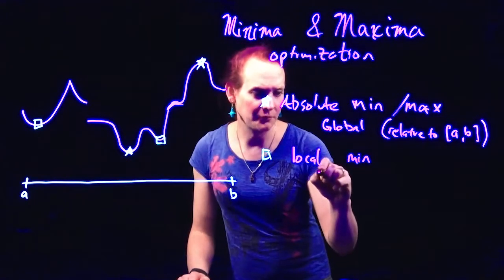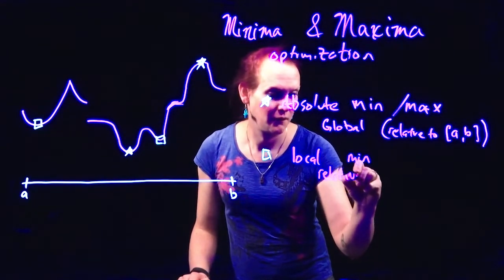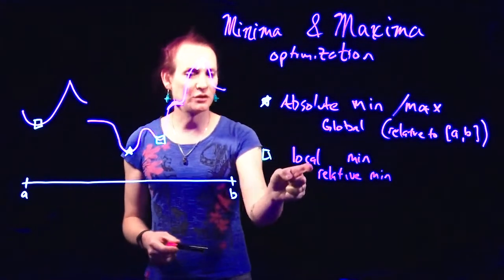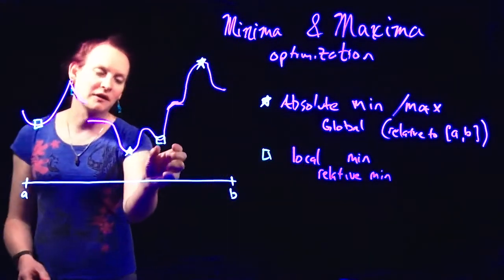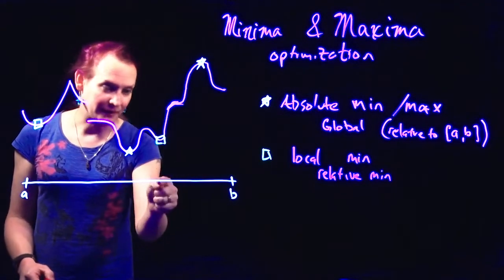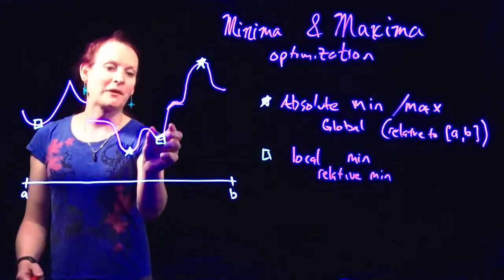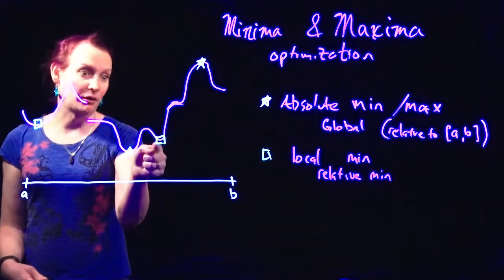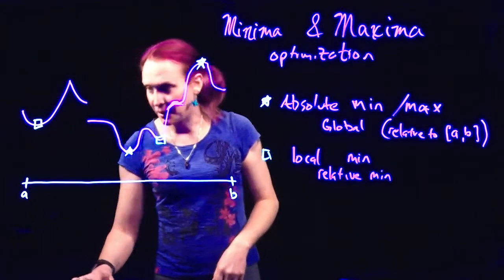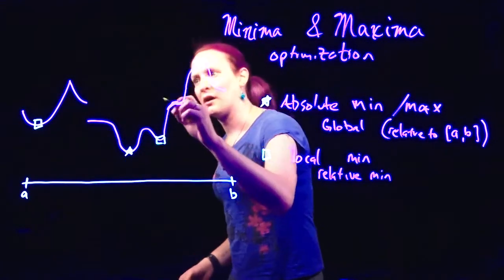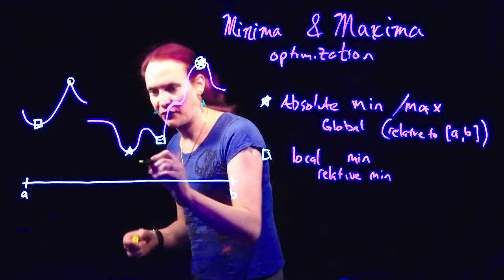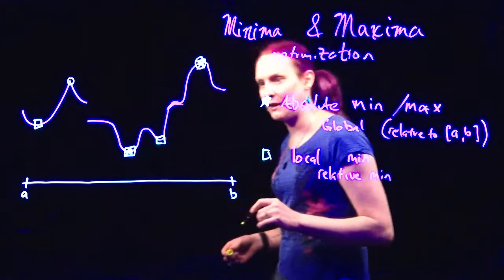I also like to call them relative mins. But I like the word local because it represents that locally speaking, in a neighborhood nearby to this point, all the function values are bigger. So those are the local mins. And how about a circle. I guess I should put a square around that because the absolute is also local.